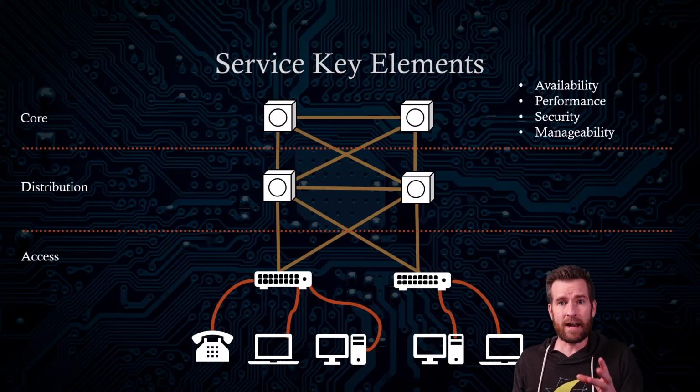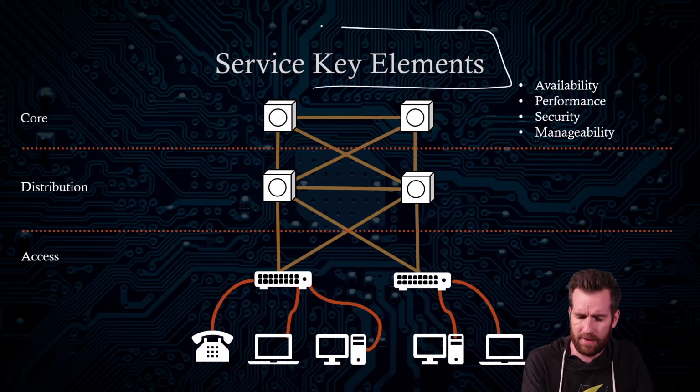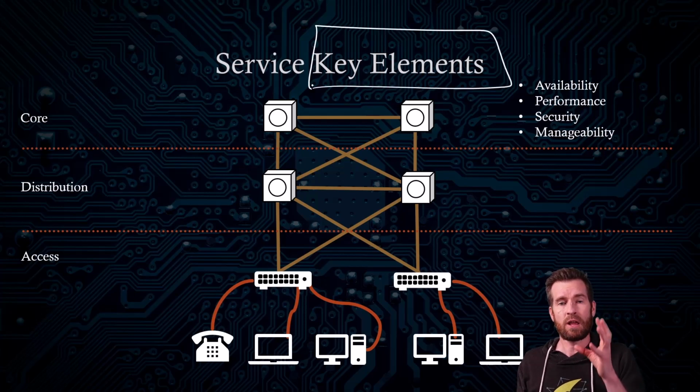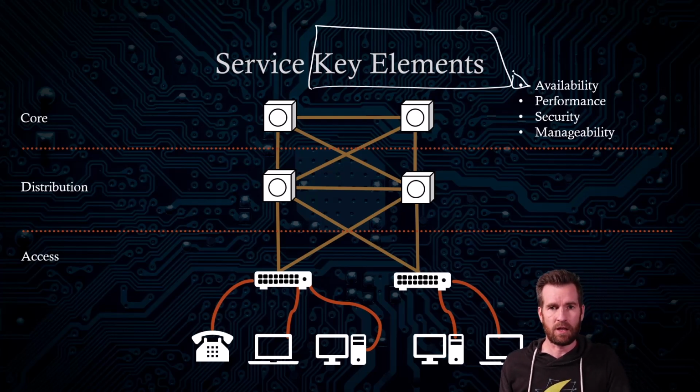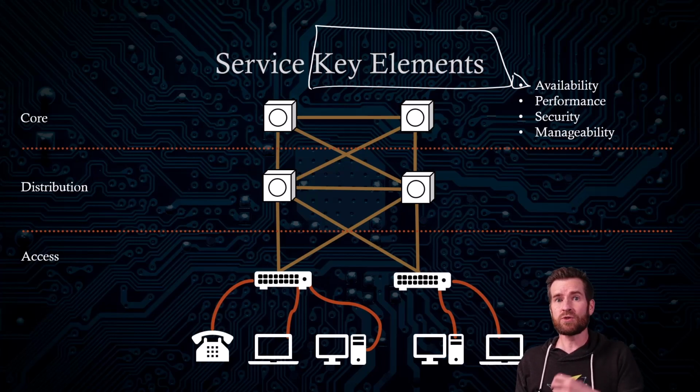When it comes to our networks, there are certain key elements that we want to make sure exist. First of all, we want to make sure that it's highly available. What that means is that when a user wants to utilize the services, it's not down, it's available to use.